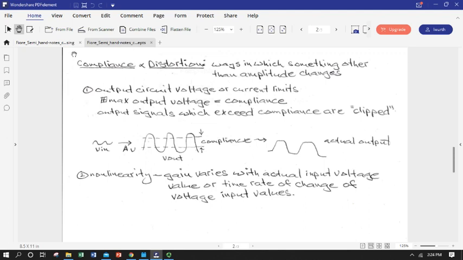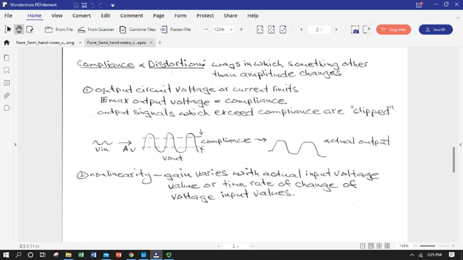So we've already touched on the idea of compliance with respect to our DC load line. We've calculated the maximum current voltage range over which a bipolar junction transistor in a biased circuit can operate. That's going to have some significant effects when we start sending a signal into our transistor base, and then using the signal control of collector current.